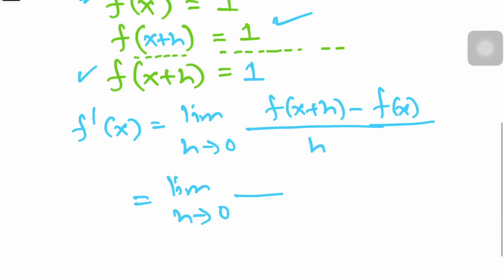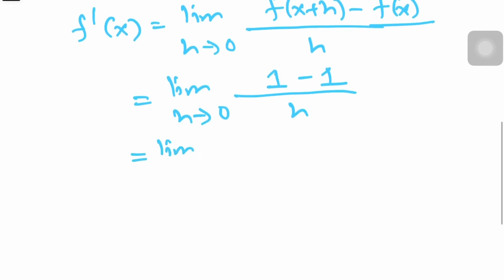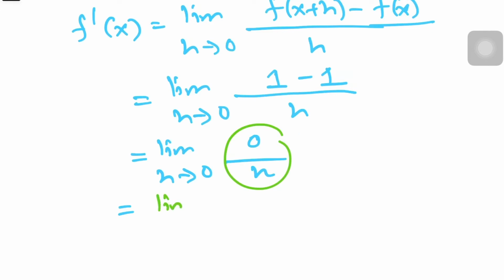Well, f of x plus h is equal to 1, so that's 1 minus 1 over h. That's going to give us the limit as h approaches 0 of 0 divided by h. Well, 0 divided by anything is going to be 0. Obviously, h is not equal to 0, h is approaching 0. So this piece is just going to be 0. So the final answer should be equal to 0.